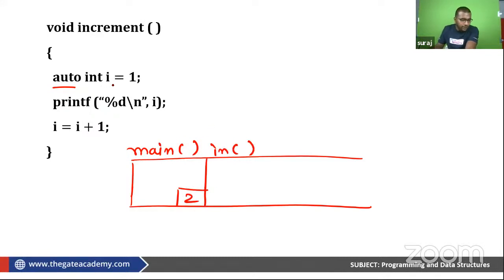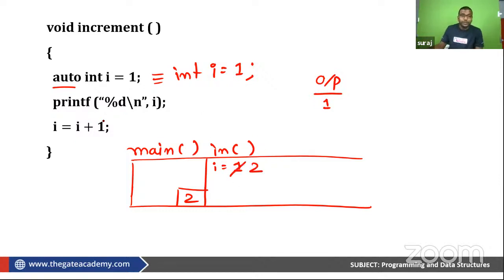Now increment has an auto variable int i. That is equivalent to int i equal to 1; whether you write auto or not, it's fine. So you will have i equal to 1. Now you are going to print i, you will print 1. Then you are going to increment it, i equal to i plus 1, that goes to 2.